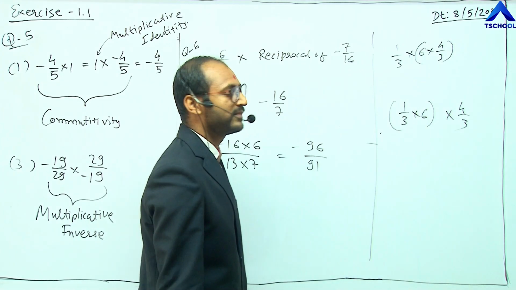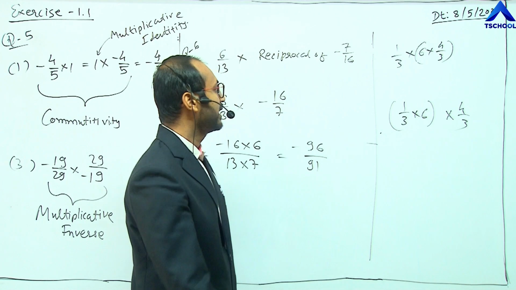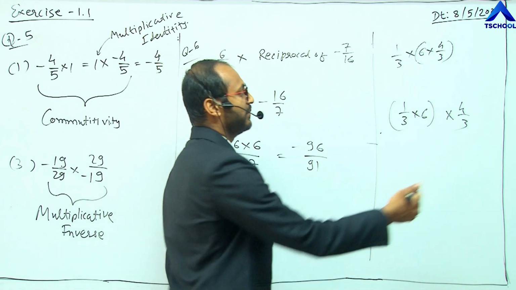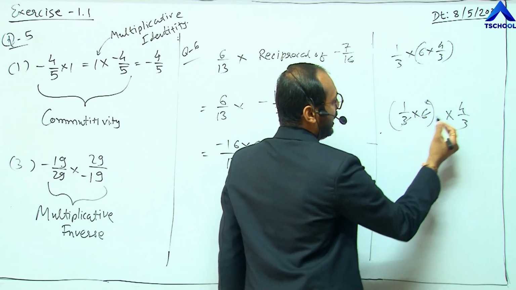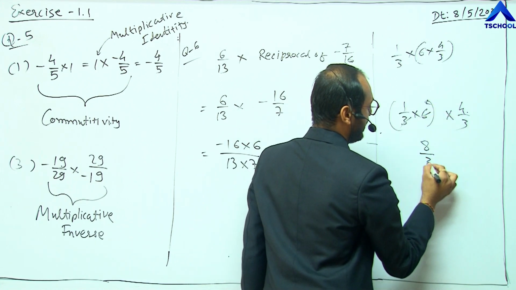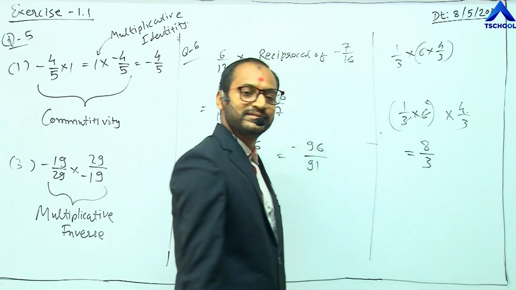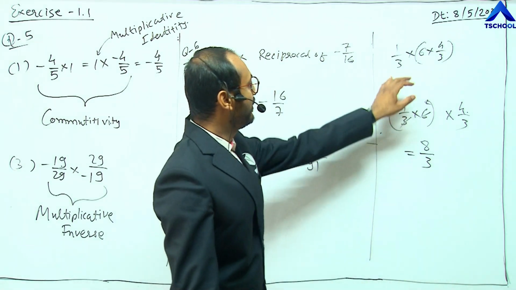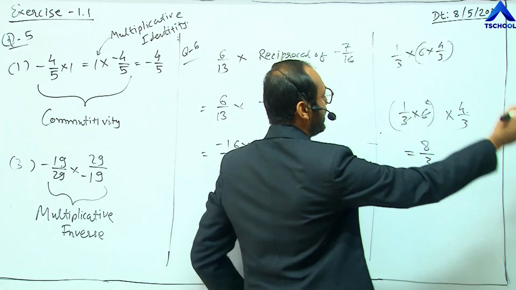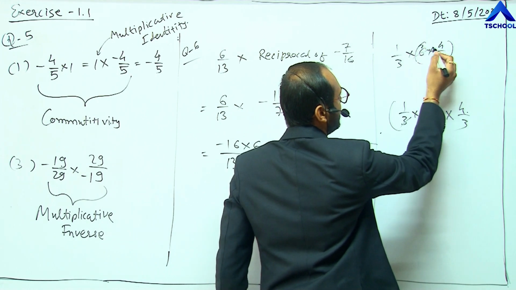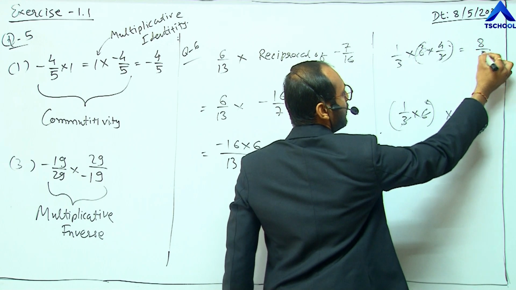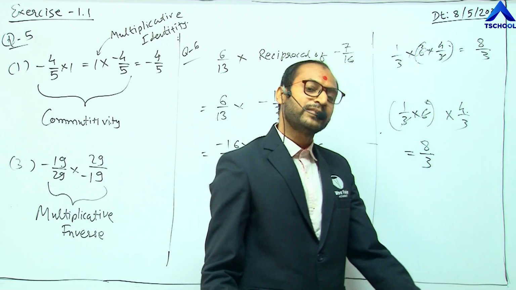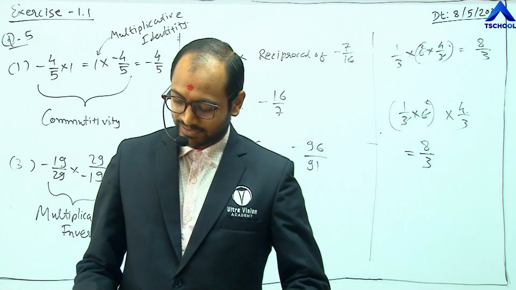Clear? We know that 3 twos are 6, very simple, and 4 twos are 8 divided by 3 is your answer. Here we can simplify by 3 the same way also: 3 twos are 6, 2 fours are 8 divided by 3. So we are using the associative property. Okay.